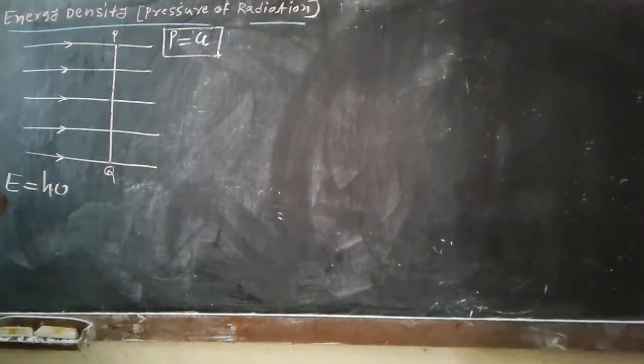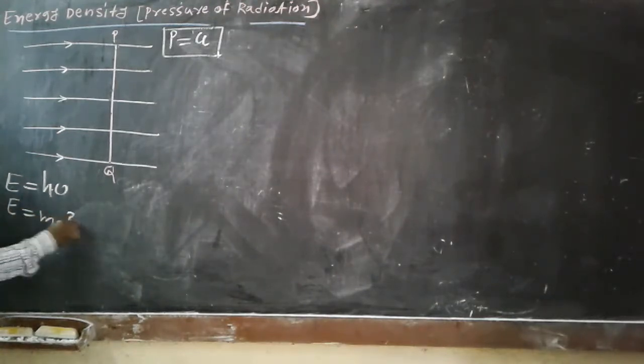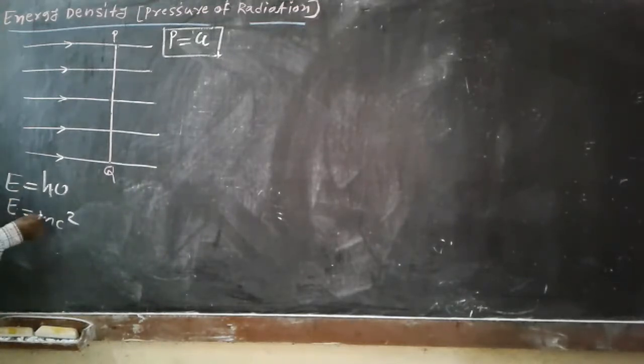Then according to the theory of relativity, the famous relation, Einstein's mass energy relation, is E equal to mc square.